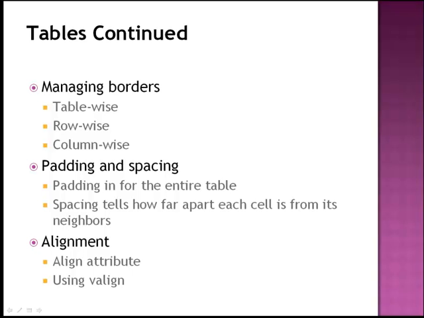Alright, in terms of managing the borders of the table, the border that the table uses is essentially for the entire table, but we could use some attributes, the frame attributes and rule attributes of the table, in order to either show the outside border of the entire table, or eliminate the outside border, or make the outside border visible just for the top, bottom, left hand side, right hand side, horizontal sides, or vertical sides of the table border.